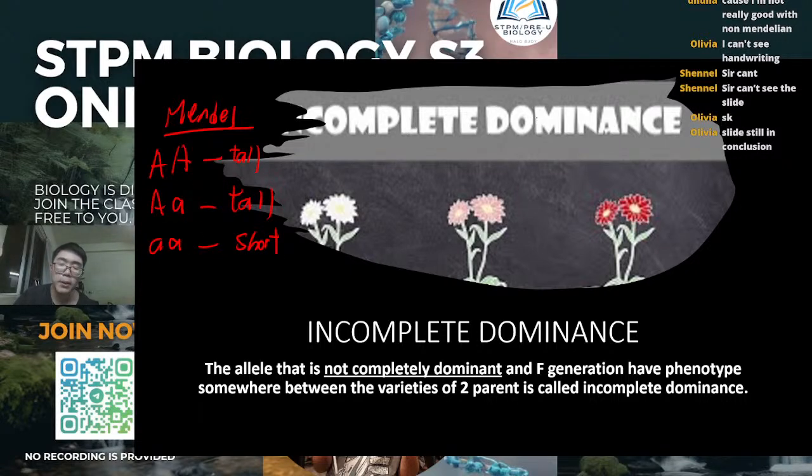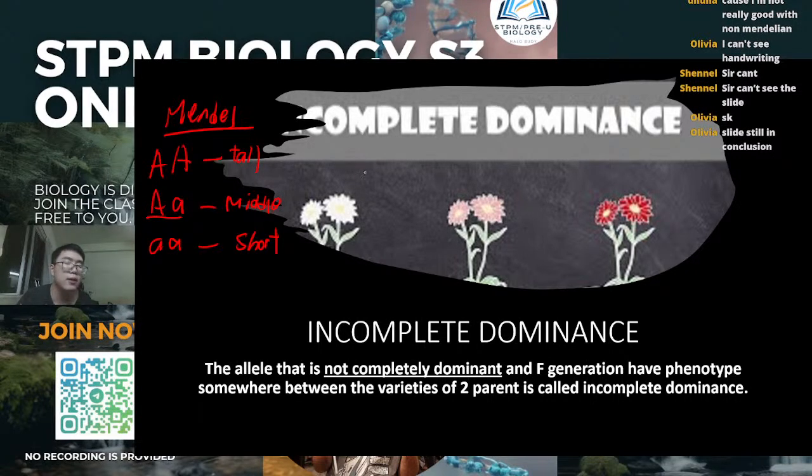But incomplete dominance is very different. The allele is not completely dominant, meaning that this is a hybrid, but it is not completely dominant. And then the F generation offspring have a phenotype somewhere between the varieties of the two parents. So it is in the middle. This totally does not follow Mendel, because Mendel only says the phenotype is either dominant or recessive.